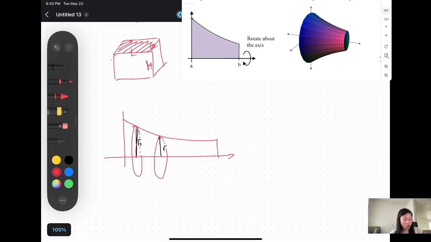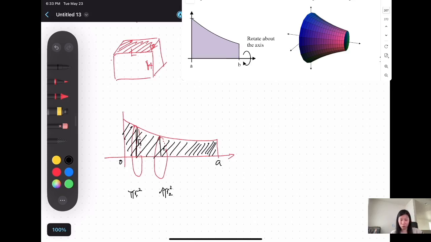For each of these, I know that the area of this circle is equal to pi r squared, R1, and for this one it's pi R2 squared. And now we have multiple ones. So that means the sum of these r squared is going to be the area bounded by the curve, from 0 to a, and the x-axis, right?